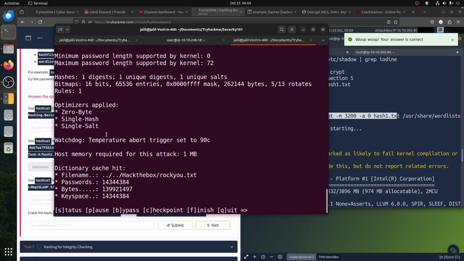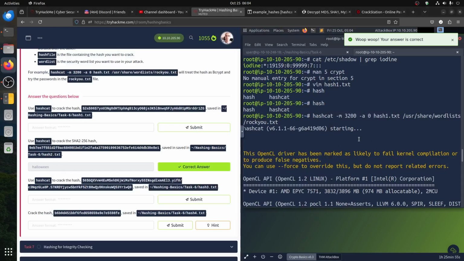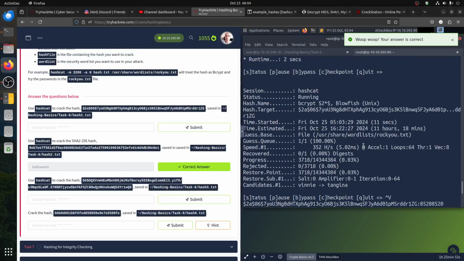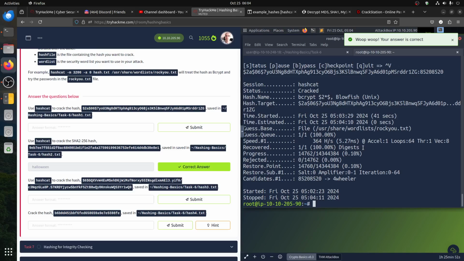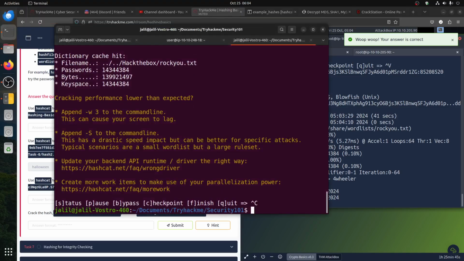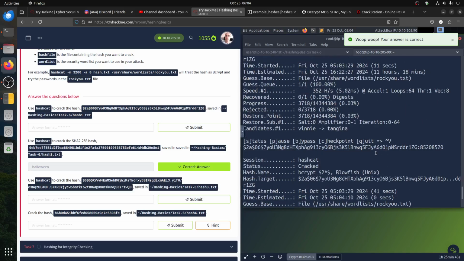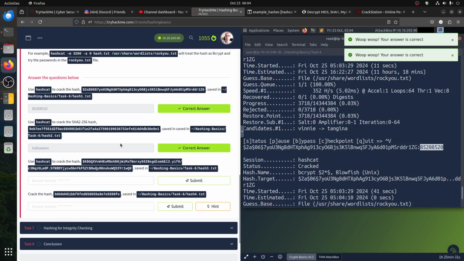I'm using my machine here now, so the attack box is still running. So let's see, oh, it cracked it already. So it's cracked. Let's not waste my energy here on my computer. What did it find? It found this one. That's the crack. So the attack box can work. It's not as heavy as you might think.